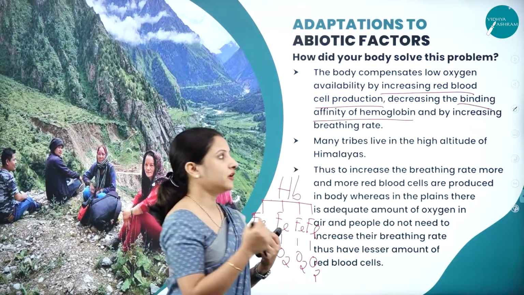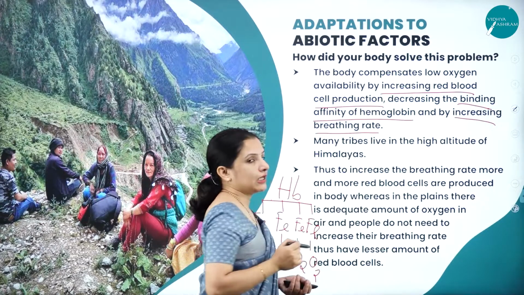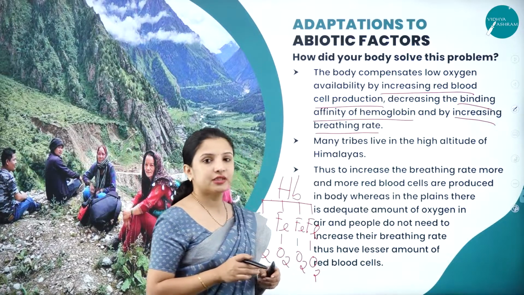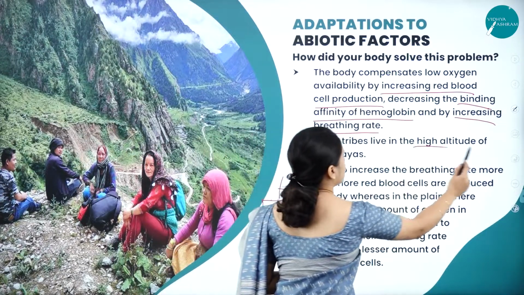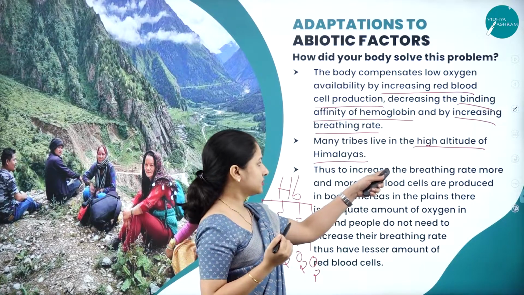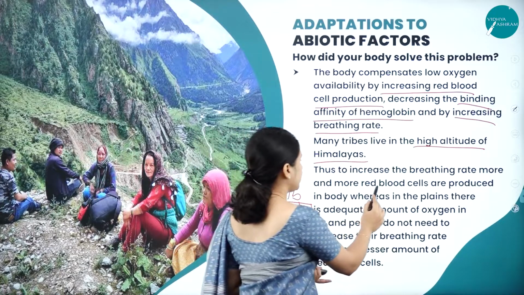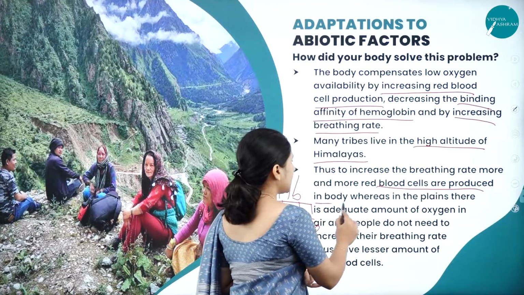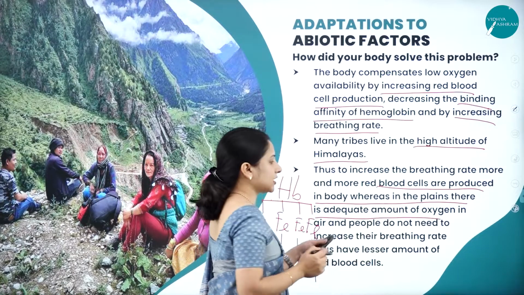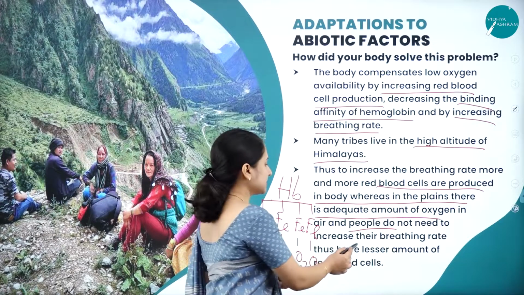It is because of faster breathing, that is, an increased breathing rate. So this is what happens. That is why many tribes living in the high altitudes of the Himalayas, to increase the breathing rate, produce more and more blood cells, whereas in the plains there is adequate oxygen in the air, and therefore people do not need to increase their breathing.